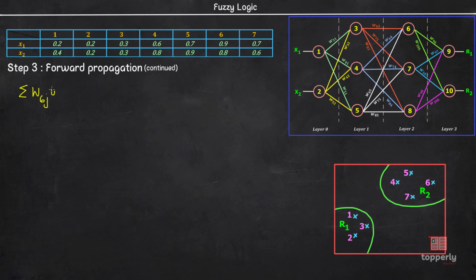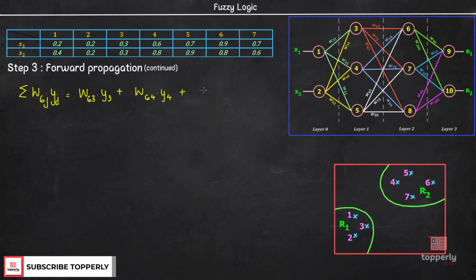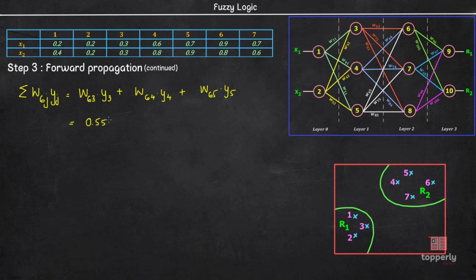Now, to find the output of neuron 6, we need to find sigma w6j into yj, which is equal to w63 into y3 plus w64 into y4 plus w65 into y5, which is equal to 0.5573.